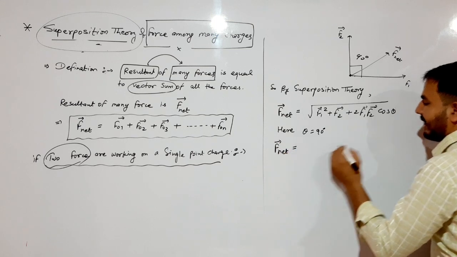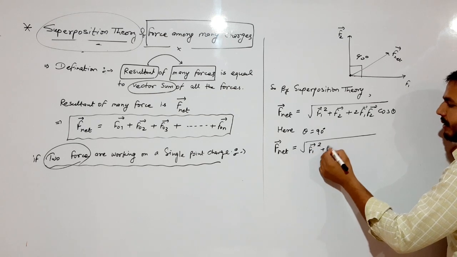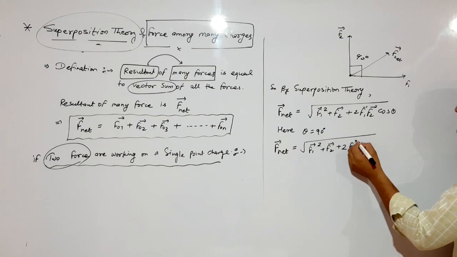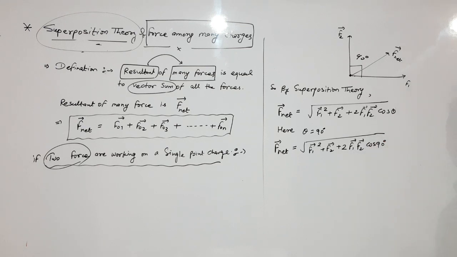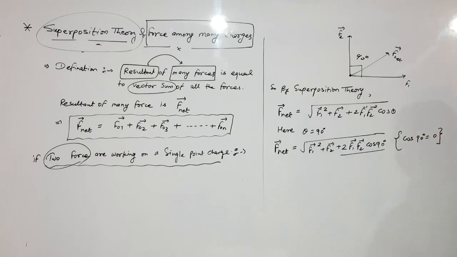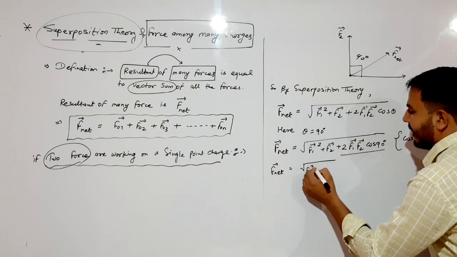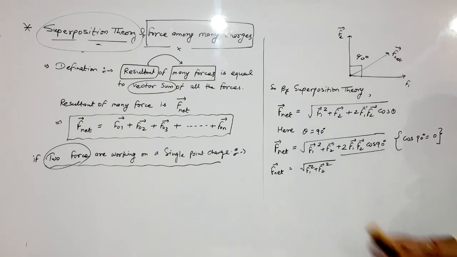Then F net is equal to the root of F1 square plus F2 square plus 2 F1 F2 cos 90 degrees. We know that cos 90 is equal to 0, so that term is equal to 0. Then F net is equal to the root of F1 square plus F2 square. Clear?